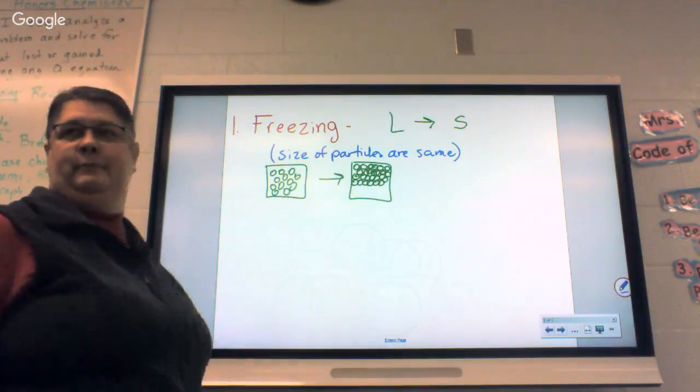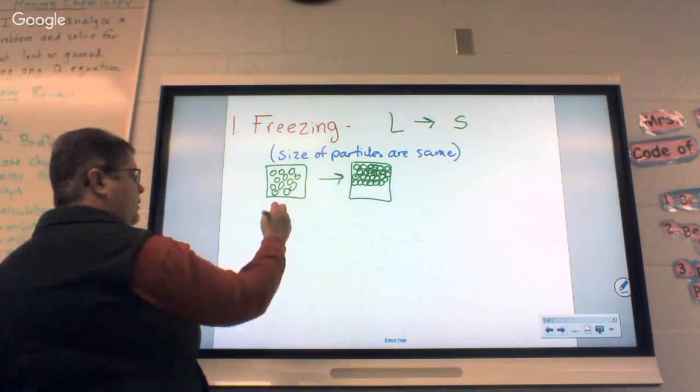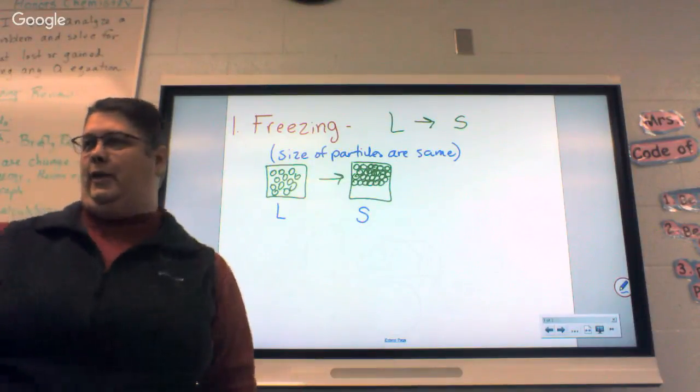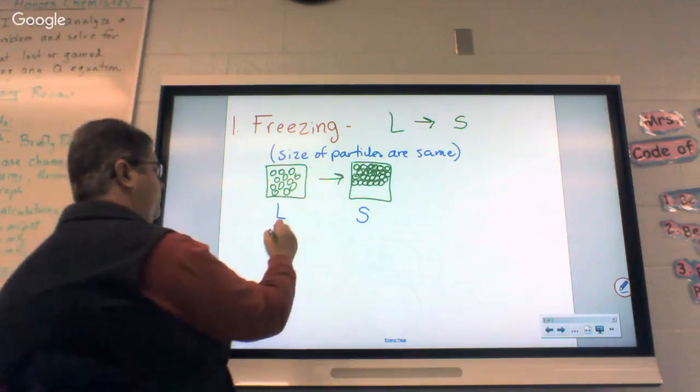All right, so if we look at this, we've got liquid, we become a solid, right? So what has to happen to the molecules? Do they have to go faster or do they have to go slower?